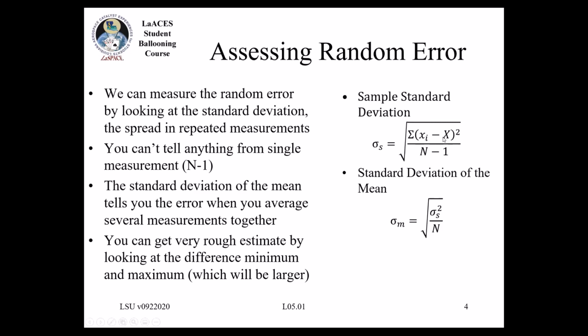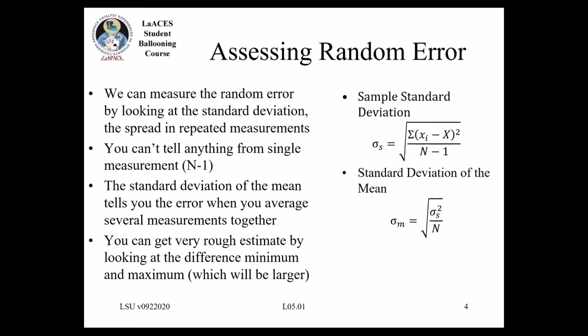Most importantly, this is the sample standard deviation as opposed to the population standard deviation. You may see two different things called the standard deviation, and you should be aware of this is the version you want.